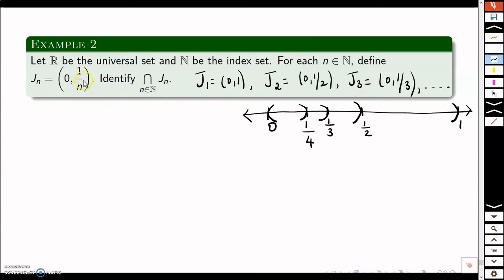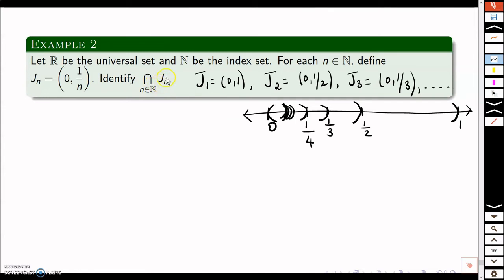As the value of n is increasing, the J_n's are shrinking towards 0. They are becoming smaller and smaller in length. After some time, you'll have 1/5 here, 1/6, 1/7, 1/8, and this will keep on going. Right? And what we have to do? We have to find the intersection of all the J_n's, where n is varying over the set of natural numbers.